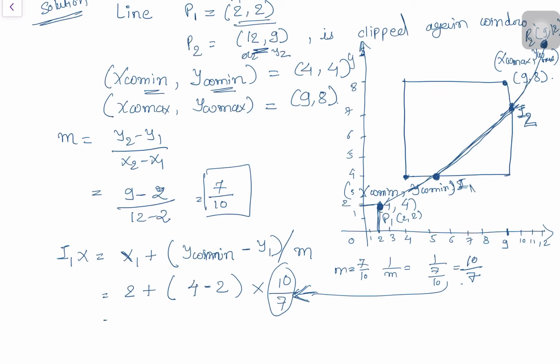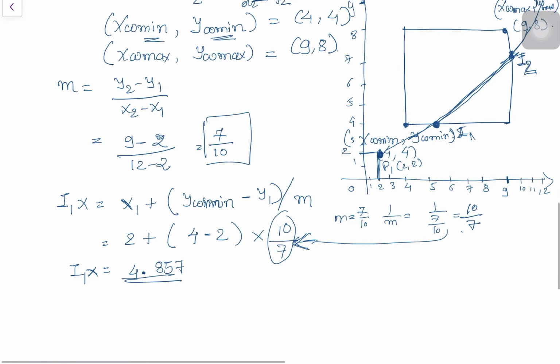So the value of I1x is 4.857. And what will be the value of I1?